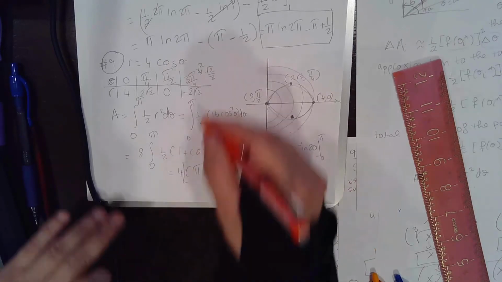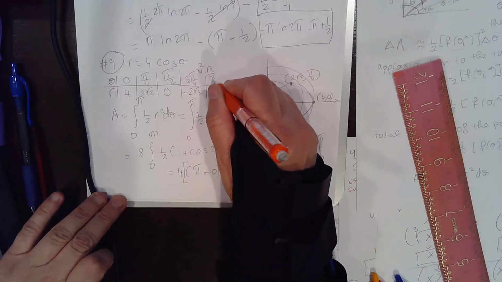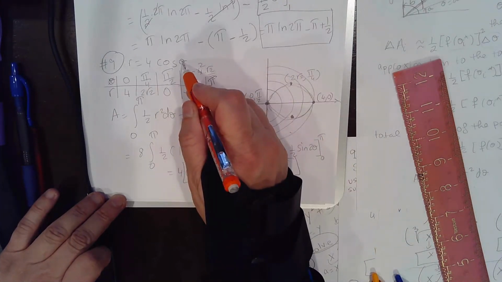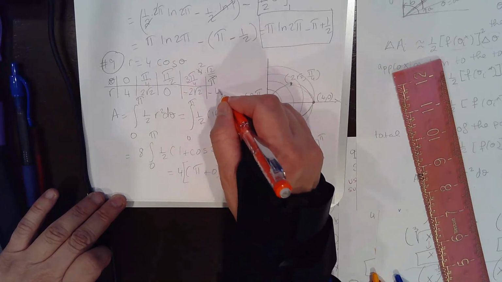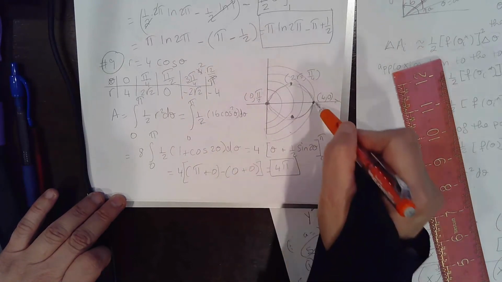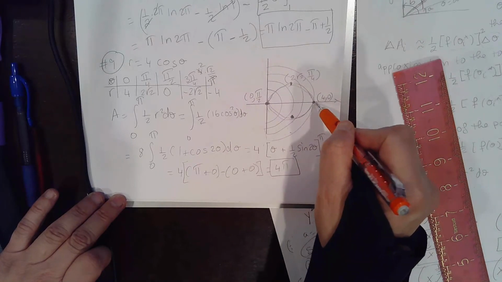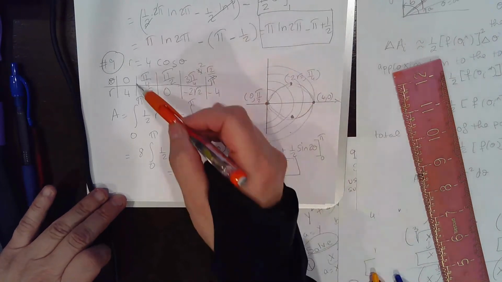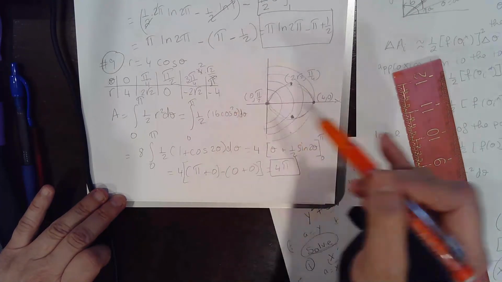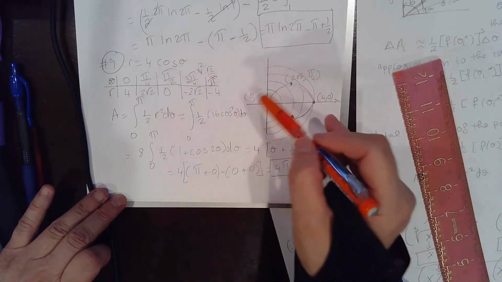By the way, we didn't do a third one here. If you consider pi, cosine pi is -1, that's -4. So if you go pi here, with r equal to -4, it's in the opposite direction, so it comes back to the origin, to our original first point. So we started here, we came back here. Sorry, I forgot, I didn't do that last one. That's why we have 0 to pi here.